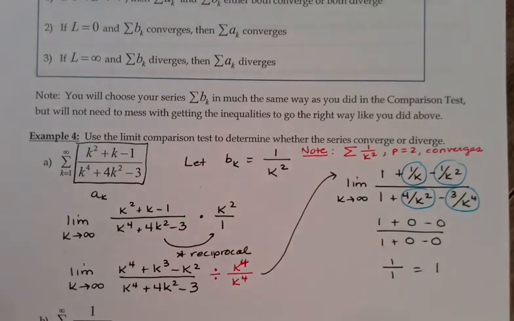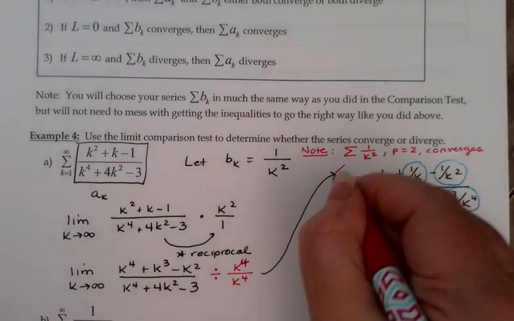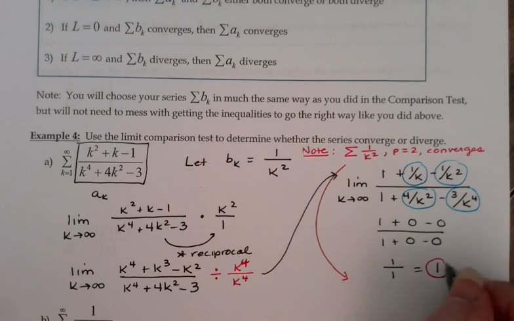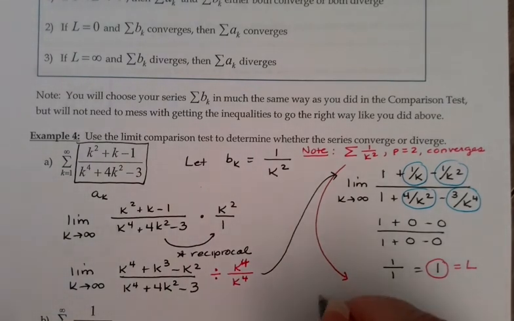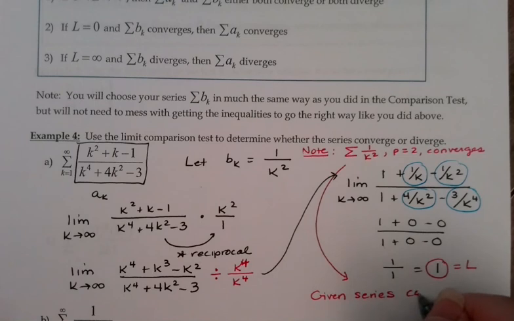So since 1 over k squared is a P series, P equals 2, and it converges, and with an L of 1, we know that the given series also converges by the limit comparison test.